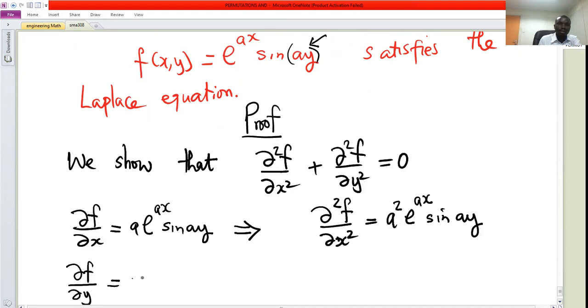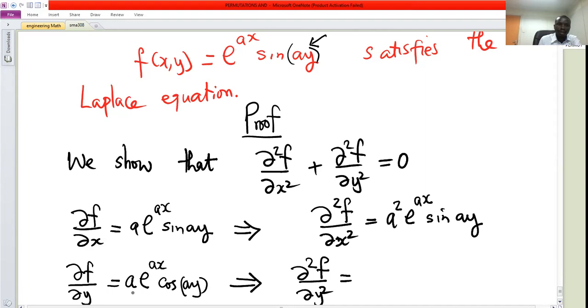So we'll have a e raised power ax cos of ay, which implies that partial squared f partial y squared, now you differentiate this function again with respect to y. So using chain rule, this part will give us a, and when you differentiate a cos function, you get a negative sign. So we'll have a minus sign. So that a that we got here, we multiply by this, gives us a squared, and then we have e raised power ax, and then sine of ay.